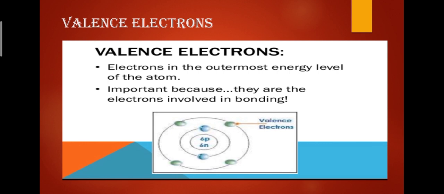So valency is the combining capacity of an element, the number of electrons an atom can donate or accept in order to combine chemically with other atoms or elements and form molecules or compounds.